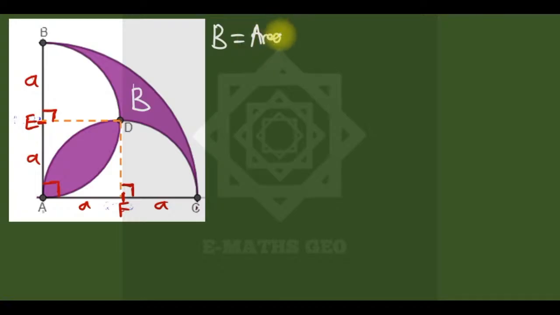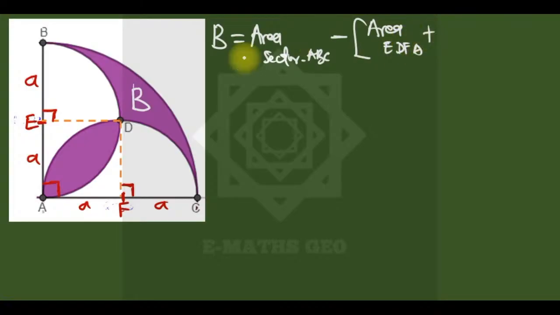is equal to area of sector, that's the bigger sector ABC, minus the sum of the areas of the square, that's EDFA, plus sector EBD and sector DFC.